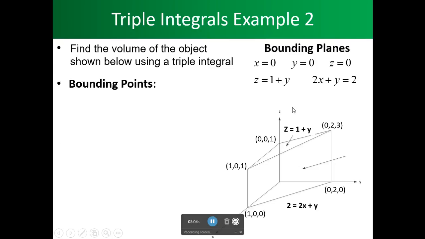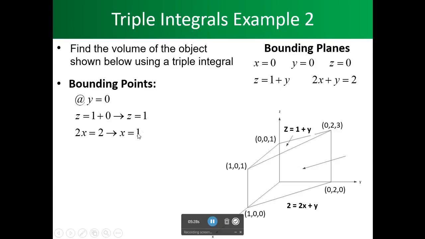Now, what about our bounding points? We talked about them earlier. At y equal to 0, we plug that into our upper equation and get z equals 1. So on this plane, y equals 0, z equals 1. That's good.